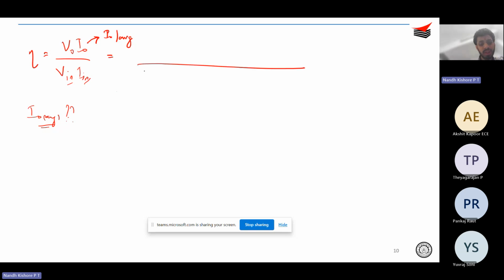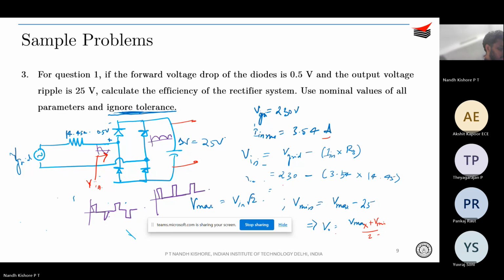Okay, so you calculate what is V in, you know what is I in. Let me write over here. 3.54 into 14.45, right? So 230 minus 51 is 179.